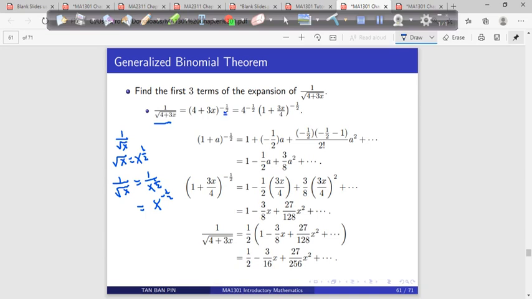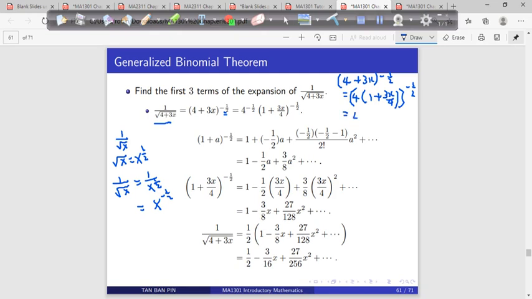Okay, and 4 plus 3x. We can take out 4 and write it as 4 times (1 plus 3x over 4). So if you raise to power minus half, then the whole thing is raised to power minus half.